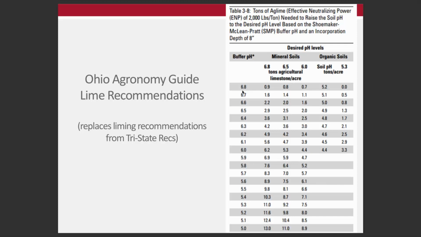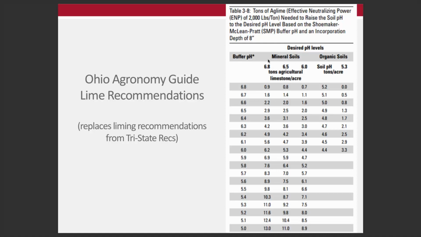Okay, so in the case of Ohio, it's often the Sikora buffer. And so we get values from 6.8, 6.7 all the way down to 5, and it can go below that even. Say we get a soil test back with a buffer pH of 6.5. Then we read across and it asks what's the desired pH level.